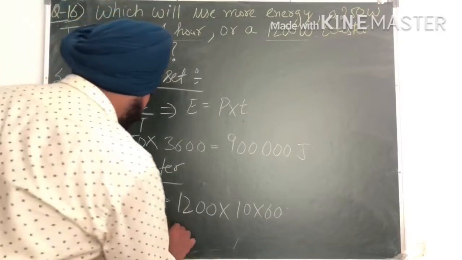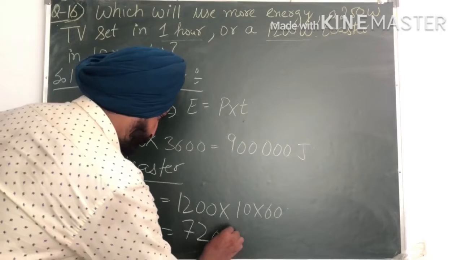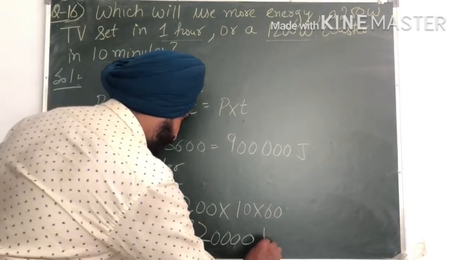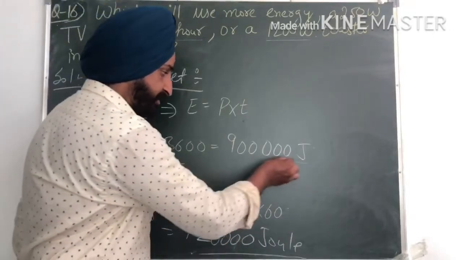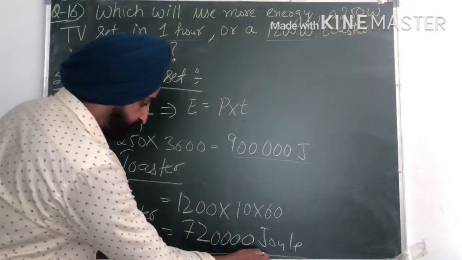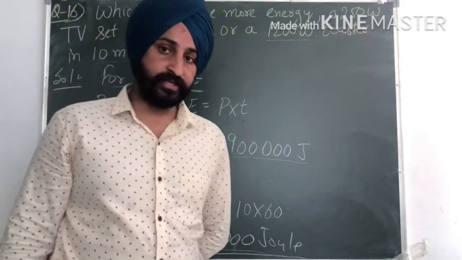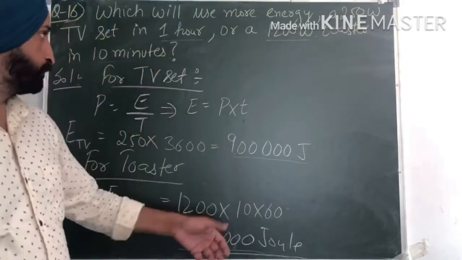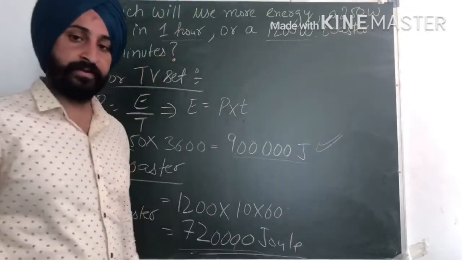So here we have 9 lakh joule of energy, and here we have 7,20,000 joules of energy. So out of these two, the TV set is of course using a greater amount of energy.